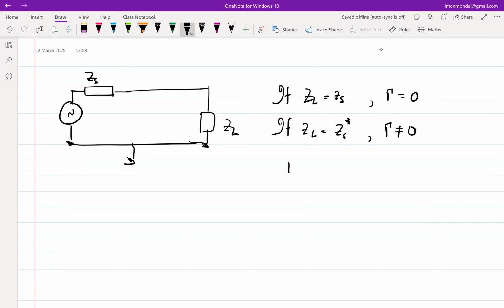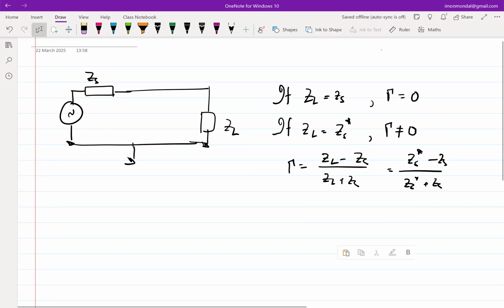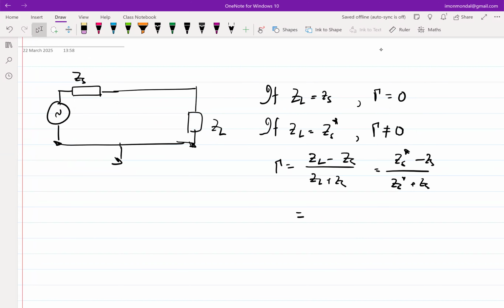So gamma is ZL minus ZS over ZS, which is equal to ZS conjugate minus ZS over ZS, which is nothing but negative of j times the reactance, divided by R source, where I am essentially saying that ZS is equal to RS plus jX.